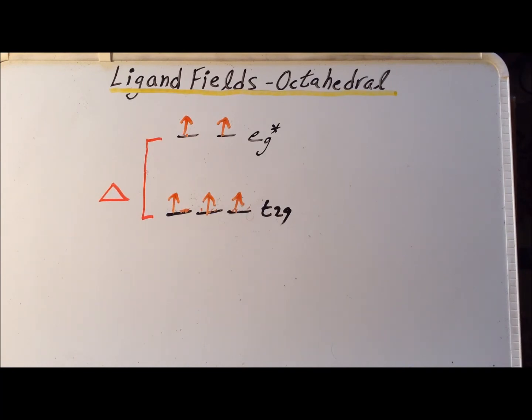As a result, when we have the second or third transition row as the metal in our complex, those are always going to be low spin. They're always going to be effectively a strong field situation. So we only need to worry about the weak field high spin case for the first transition row, and then only when there are particular ligands involved.